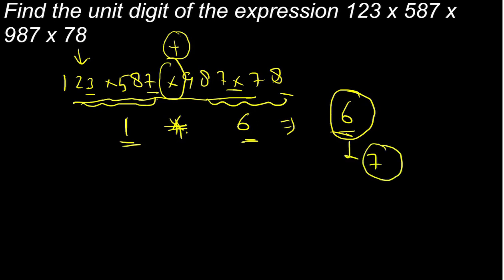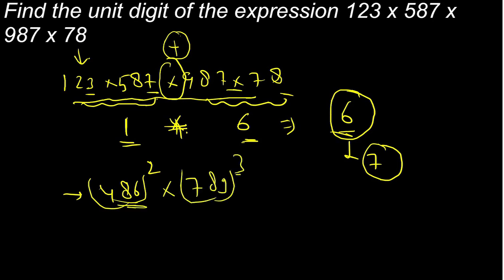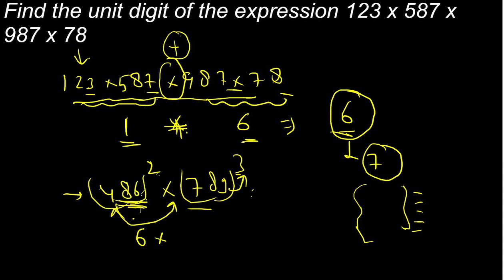You can also calculate very complicated questions, like 486 square multiplied by 789 square, whatever they are, or cube. You can use this unit method, and just see in the options, if there are different unit places, you can do it very directly. 6 square, so any power of 6 will end on 6. 9 cube, so 9 cube is what? 9 into 9 is 81, and 9 times 6 are 54.